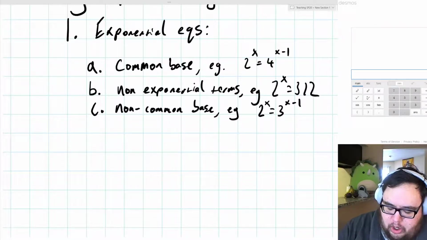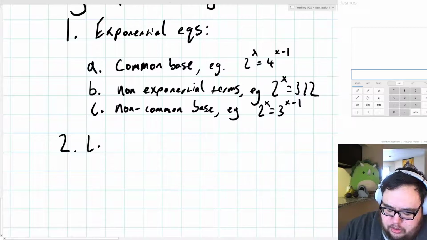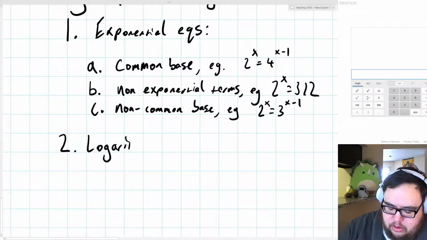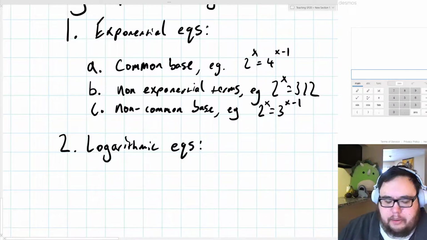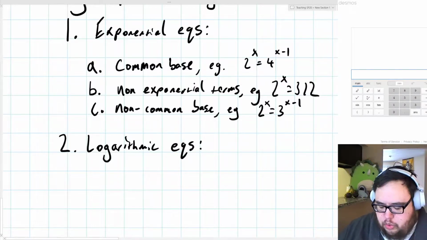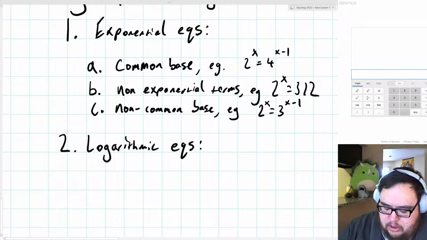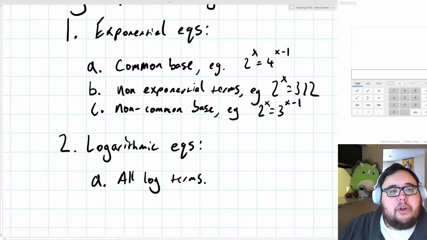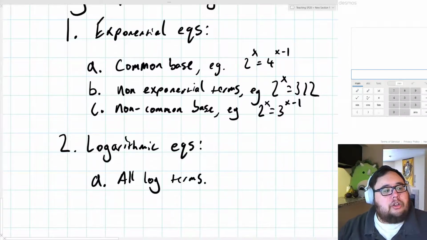And then for logarithmic equations, there were two main different types. Either all log terms. If it was all log terms, you would collect log terms on both sides, okay?